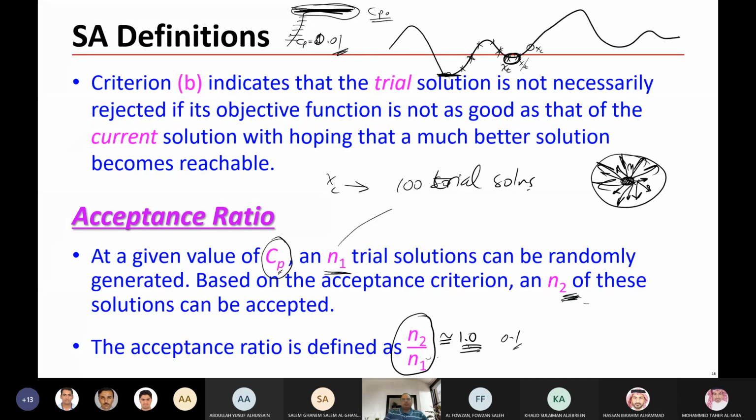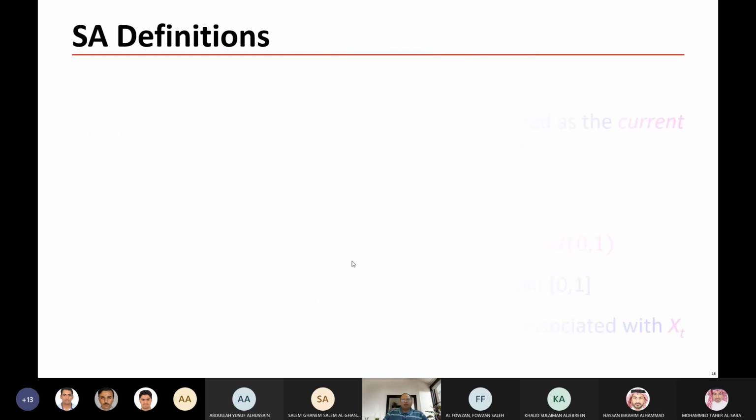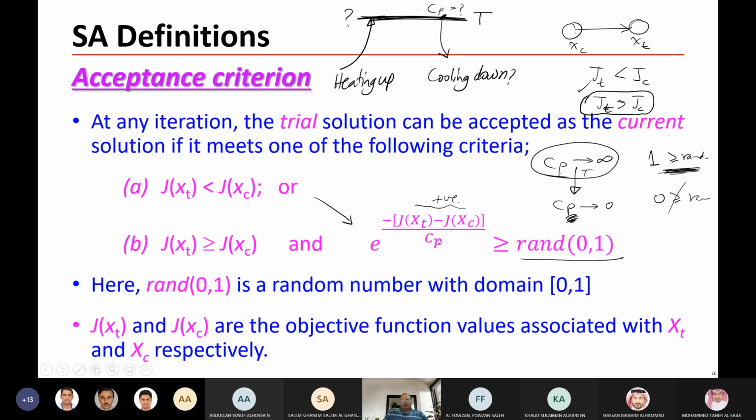If it gives you, for example, 0.1, that is very far from 1. So let us heat it up again. We increase this CB, for example, by multiplying by a factor, say 1.5. And then at this level of CB, we create 100 trial solutions and we see how many are accepted at this value.